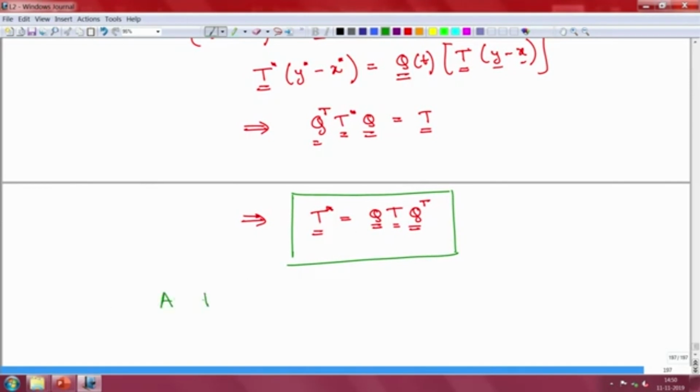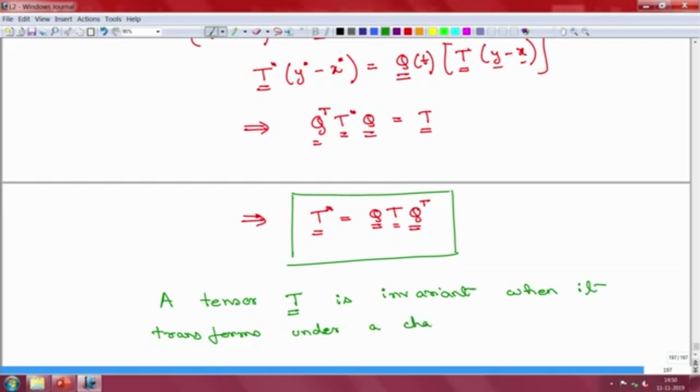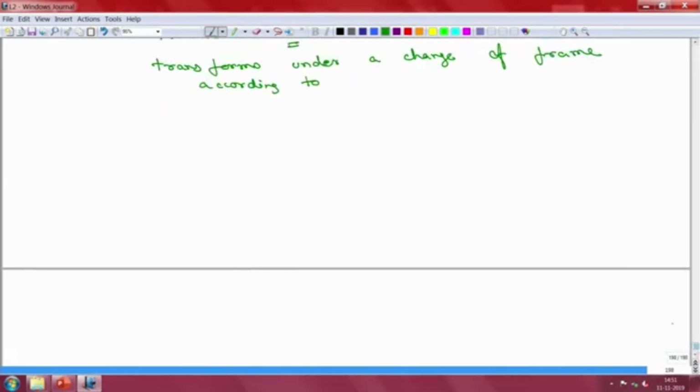A tensor T is invariant when it transforms under a change of frame according to this relationship.